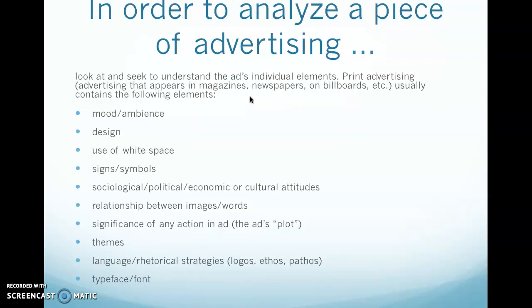So, in order to analyze a piece of advertising, you have to look at different elements as opposed to a physical appearance in that meme. So, what are these elements that we look at in advertising? Specifically, print advertising. So, anything you find in a magazine or on a billboard. Well, you want to look at the mood and the ambience of the piece. What is the overall tone or ambience or mood of this piece?